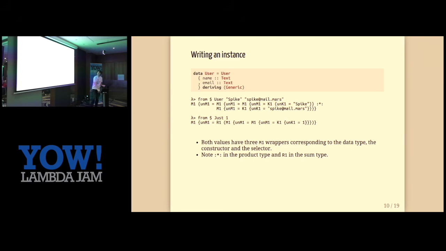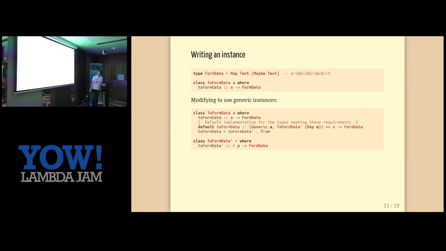So let's use this to write an actual instance. For a better example in serialization, we'll try to convert any data type into form data of this style, where you can get a map of Text to Maybe Text. So something like this: a equals 4 and b equals 3 and so forth.